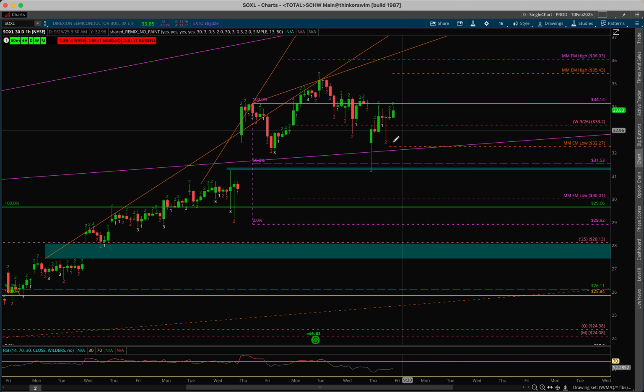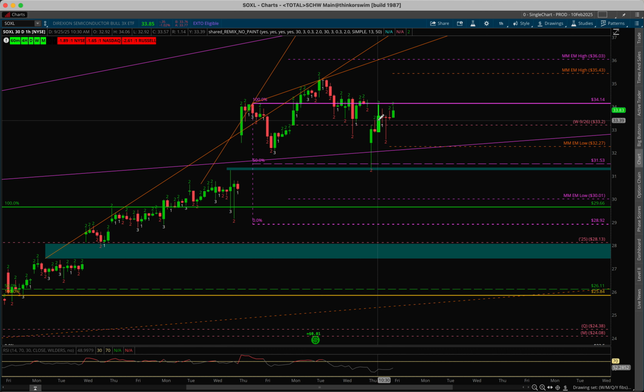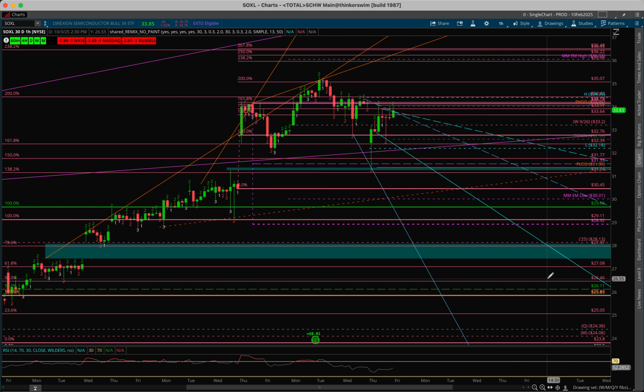If we look at it from the bottom to the top, the bottom was down here at 31.36, and we got as high as 34.06. So a $3 price move. You can see how just 35 cents is 1% in the underlying ETF. So had a pretty big day, pretty big move intraday for the ETF, and so tomorrow's expected move is a little bit tighter. Let's go ahead and look at our 4-hour markers and our triggers and targets.